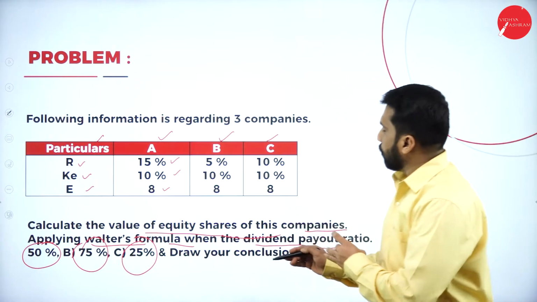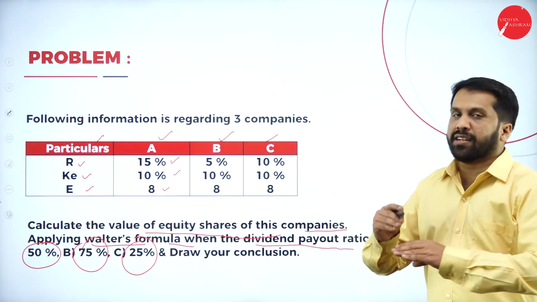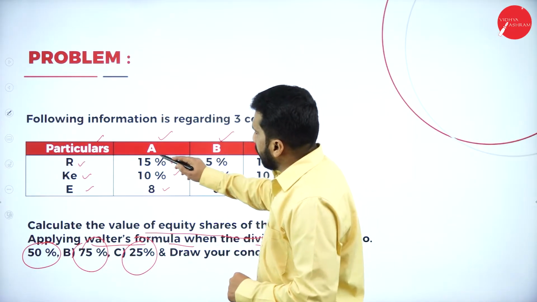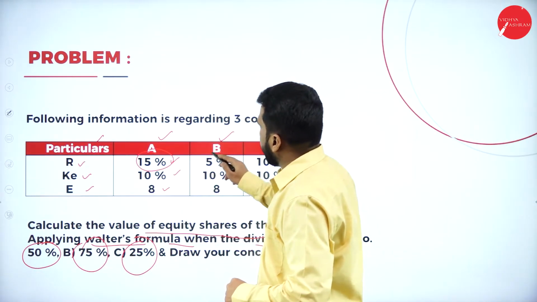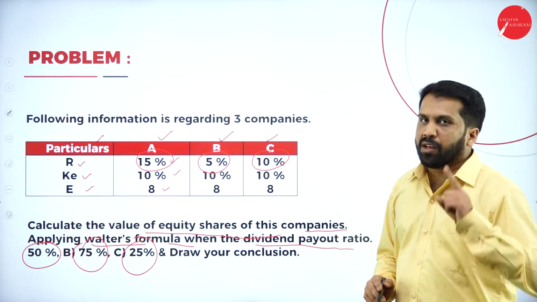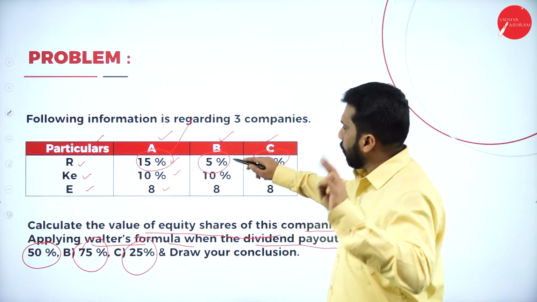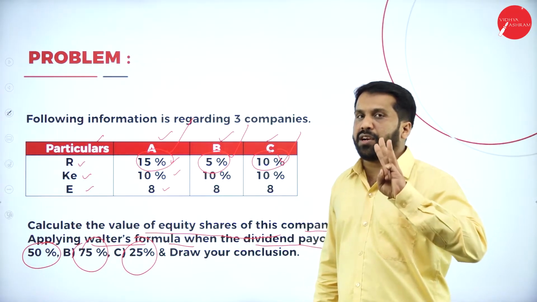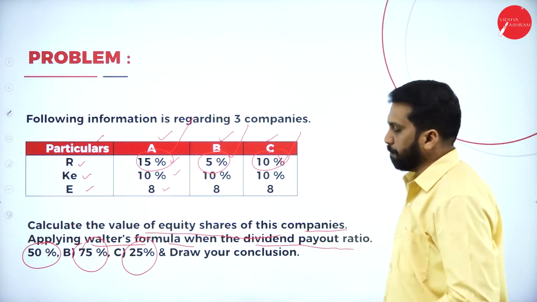How many times do we have to do this? We have to do this for return 15%, return 5%, return 10%. Problem number 1, problem number 2, problem number 3. You are supposed to do it 3 times.